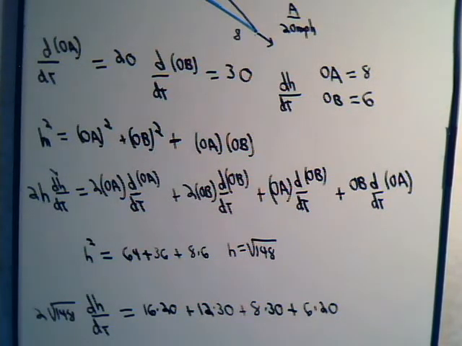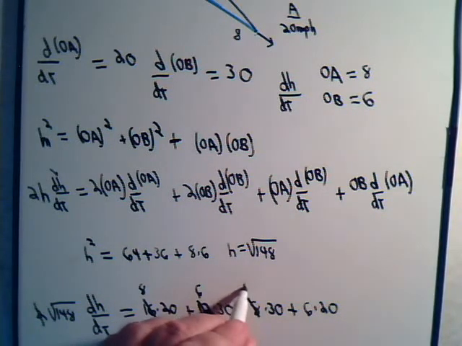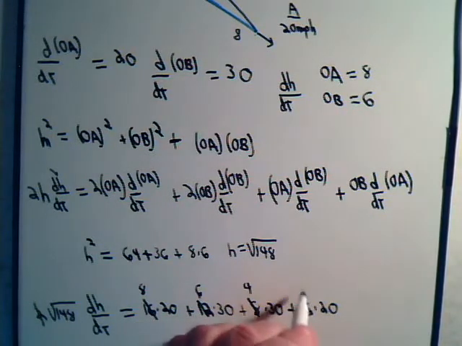Okay, and it looks like we've got a 2 on this side. So here, take that out. That can be 8 times 20, 6 times 30, 4 times 30, and 3 times 20.